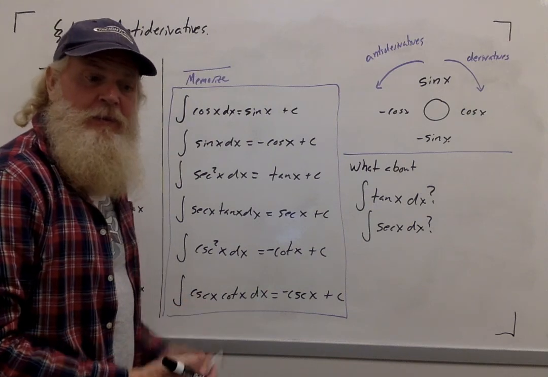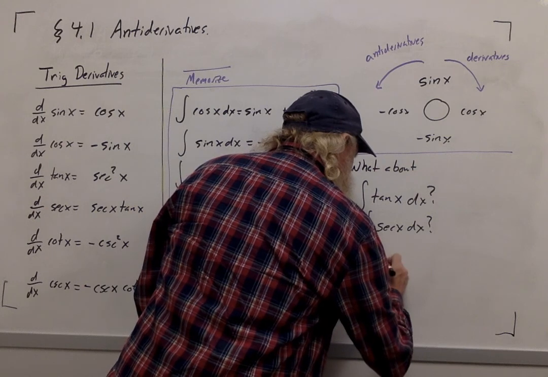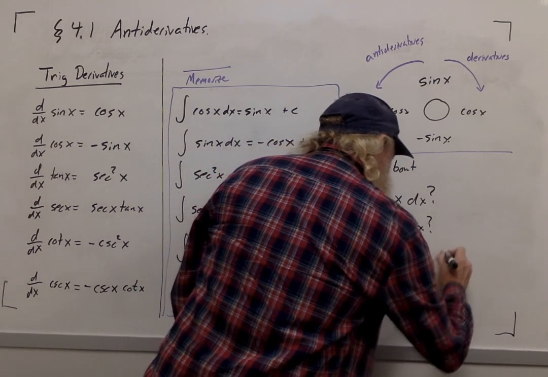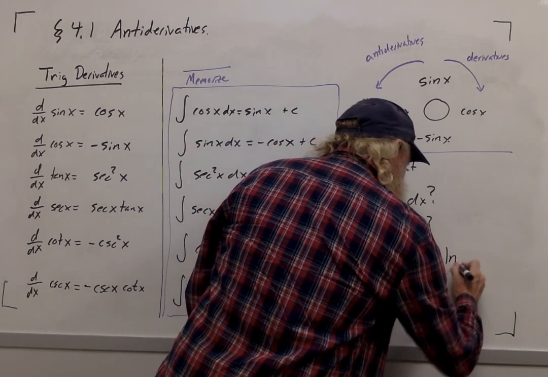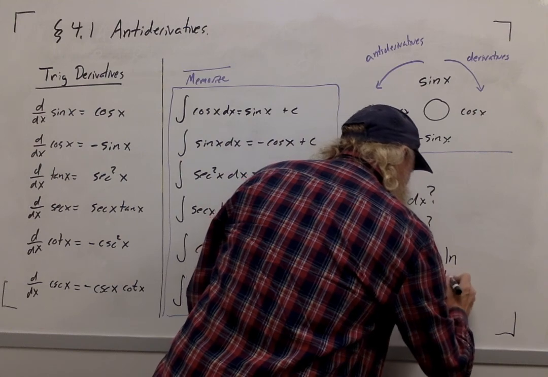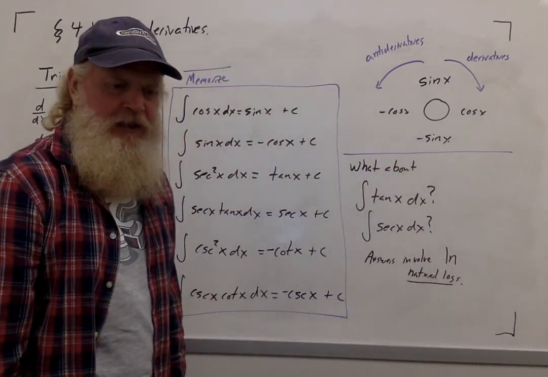So what about those? Turns out we're going to have to wait to learn those antiderivatives because the answers involve the natural log function. And that's something that doesn't come until a little bit later in the course.